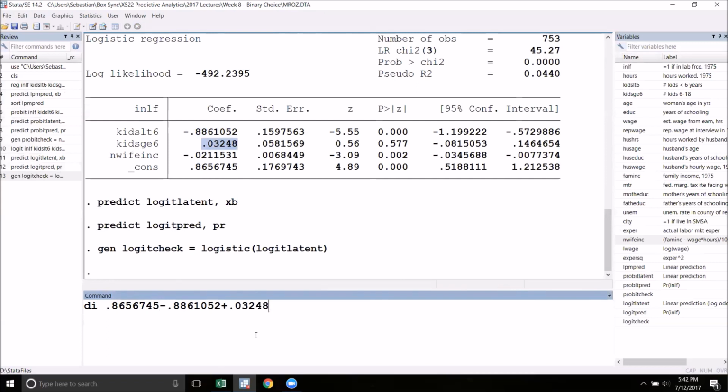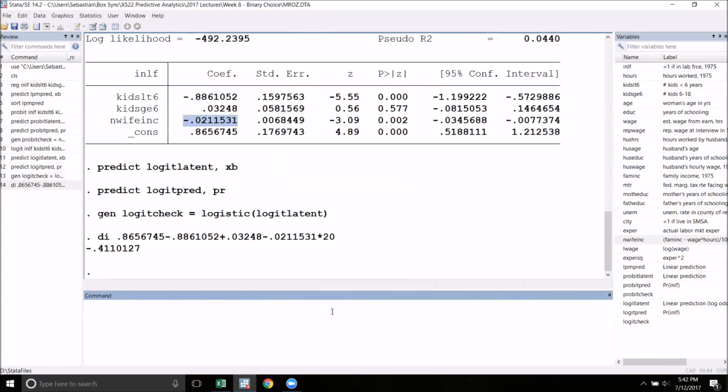And finally, we'll take the husband's income coefficient and multiply that by 20 for $20,000. Note that these numbers that I came up with, one kid under 6, one kid over 6, and 20,000 income, were arbitrary just for illustrative purposes. Once we calculate this, we get a latent variable prediction of negative 0.41.